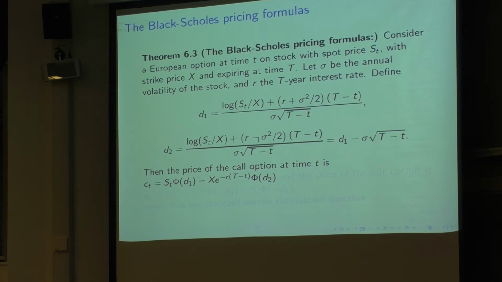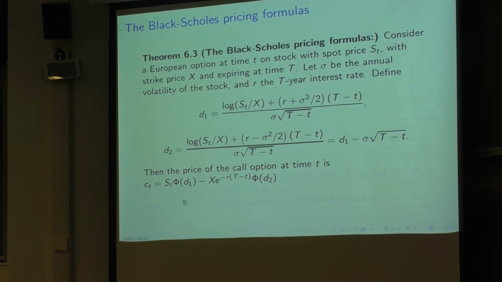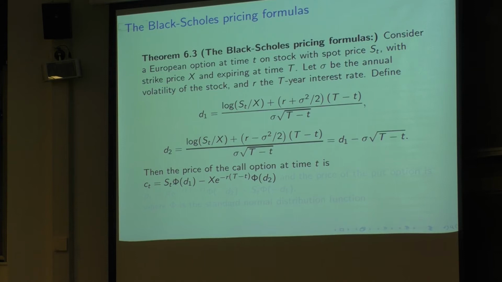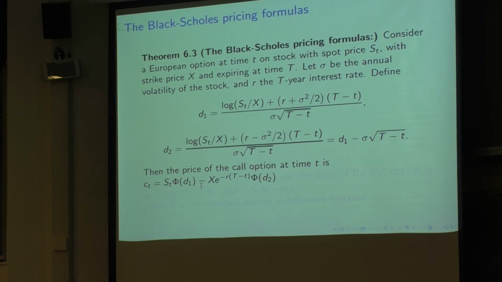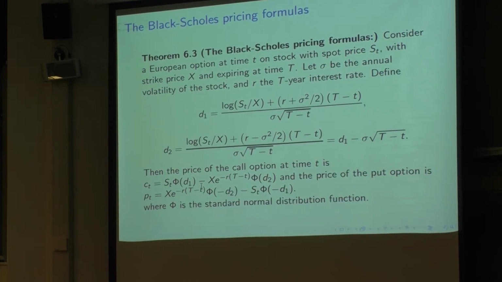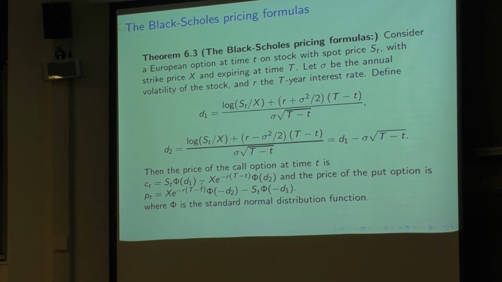Well, there it is. You take the observed underlying asset price at time t, and you multiply this by phi of d1. So what is phi? That's the standard normal distribution function. It's the thing you look up in tables.